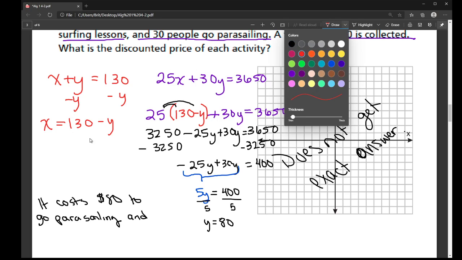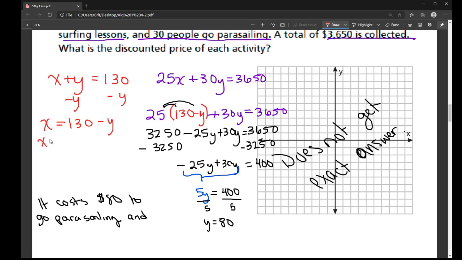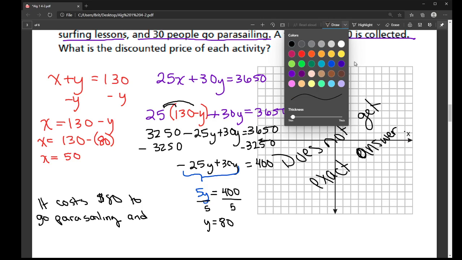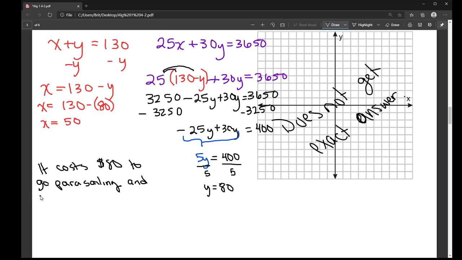I have this red equation that's really convenient, so I'm going to plug in the 80 where the y is. So 130 minus 80 is 50. So to complete my word answer, $50 to learn to surf.